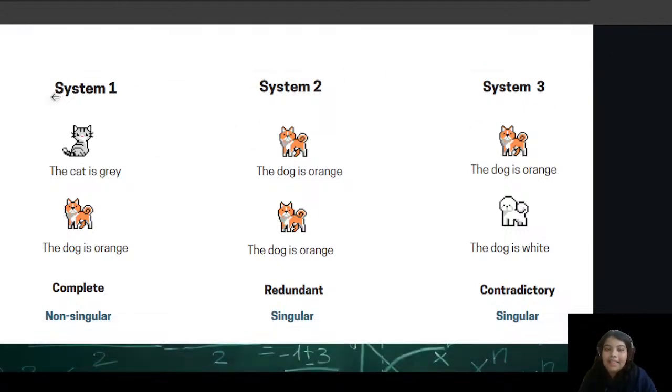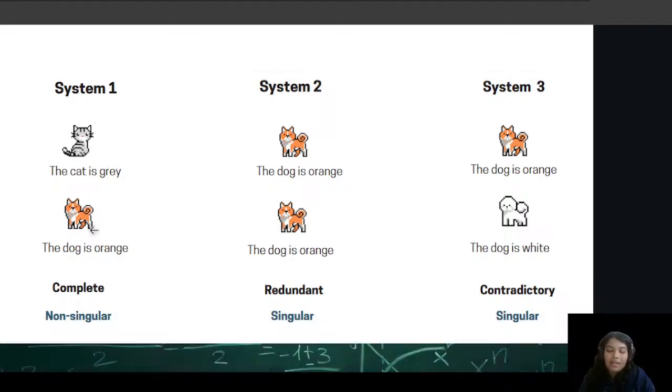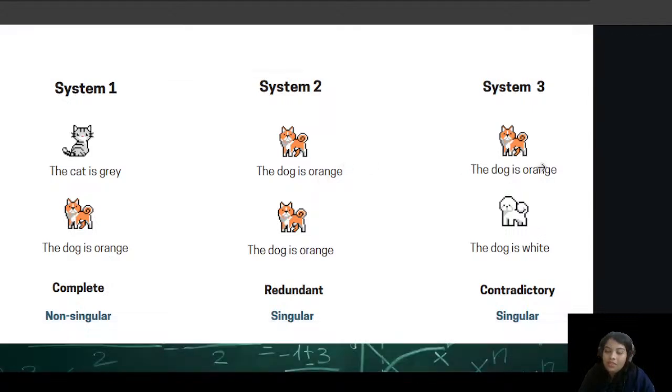As you can see, there are 3 systems here. In the first system, the cat is gray, a very cute little cat, and then a cute little dog which is orange. From this system we understand there are 2 identities. Let's see the second system: the dog is orange, the dog is orange, 2 dogs of the same color.